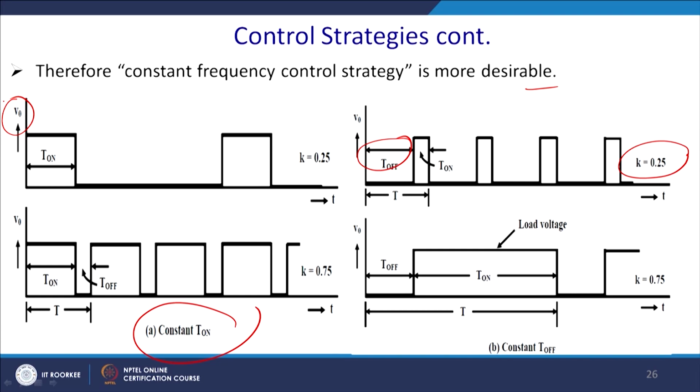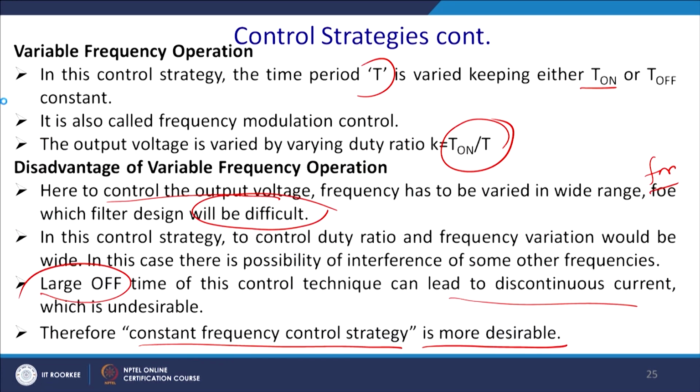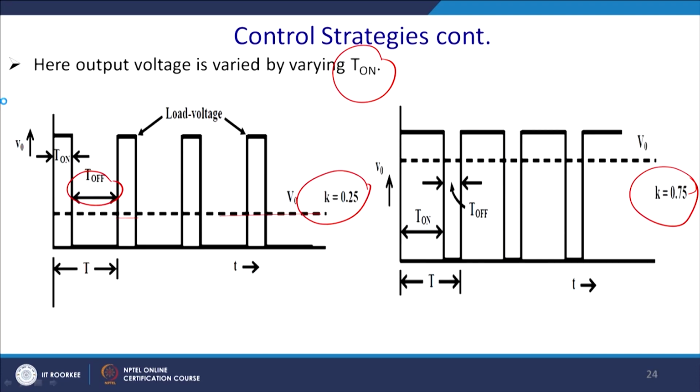Essentially these two methods deal with the output voltage. It does not take any input of the input current. But while changing the frequency, or the T on time keeping T off constant, you may cross the limit of the current which has been prescribed for the switch you have chosen, and that may ultimately lead to damage of the switches.